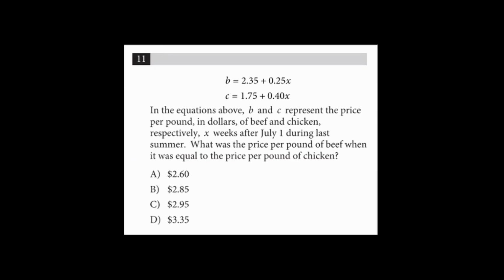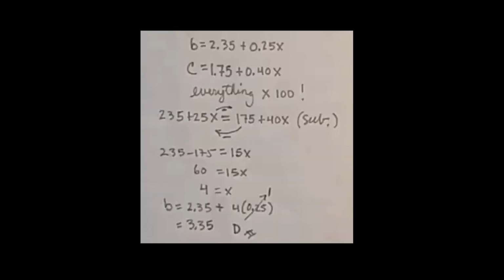So here's the problem. An SAT question, you want to get right to the point. What was the price per pound of beef when it was equal to the price per pound of chicken? Pause the video if you don't want to see the solution yet. What we're going to do here is obviously set these equal. We want to know when B is equal to C, when beef is equal to chicken. So here's the solution. The key here is when you see these decimals, you're going to have to convert everything to whole numbers.